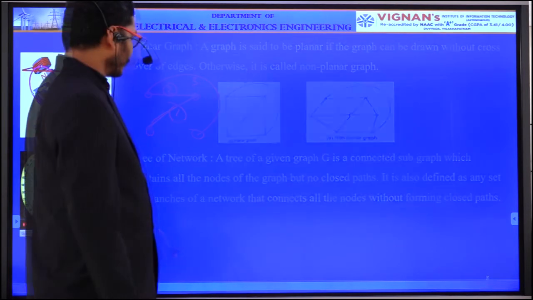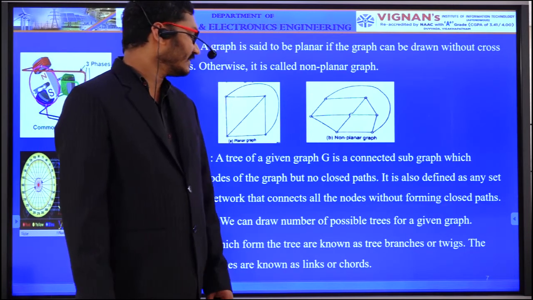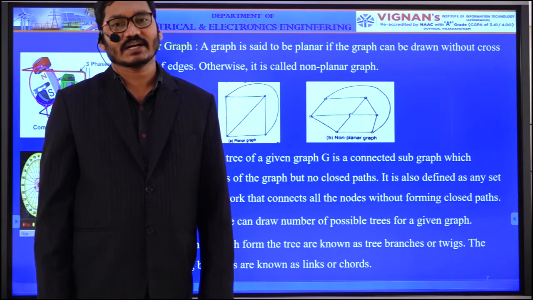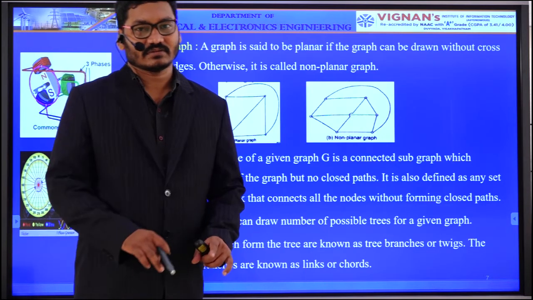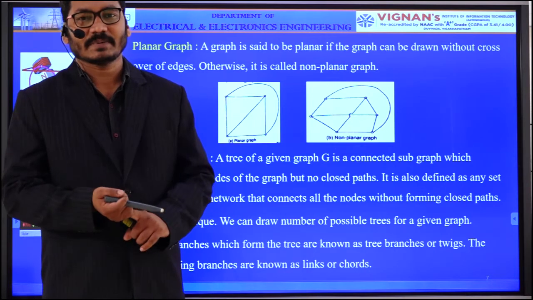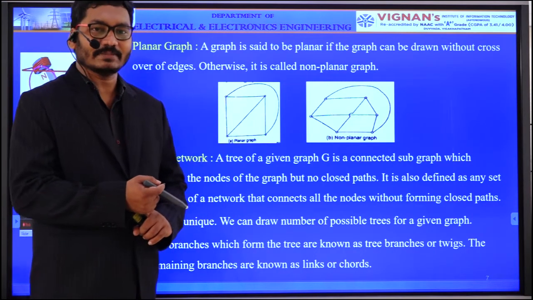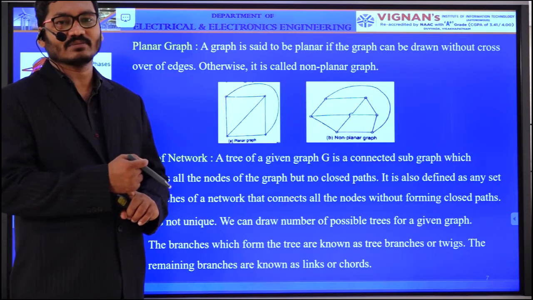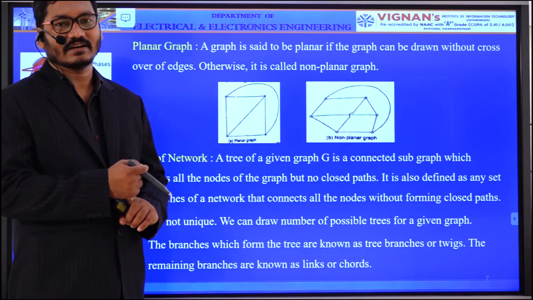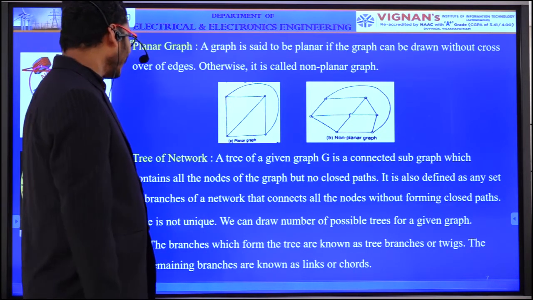The branches which form the tree are known as tree branches, or you can also call them twigs. The remaining branches we will call links or chords. You can also call them links or chords.